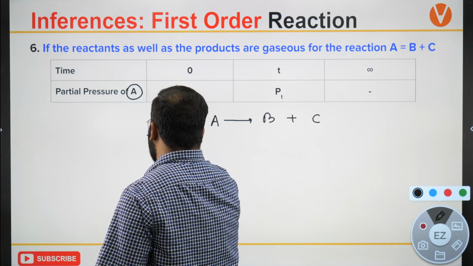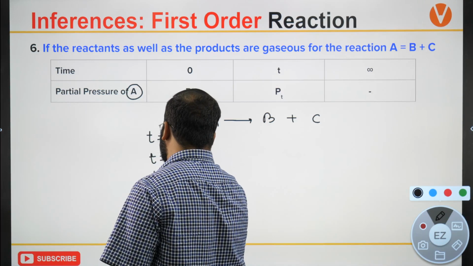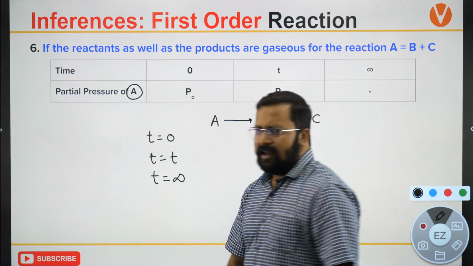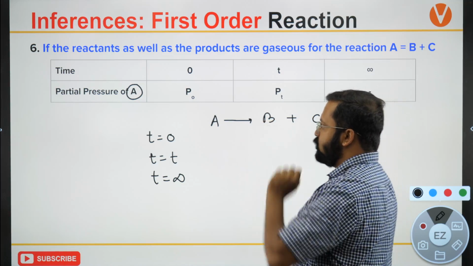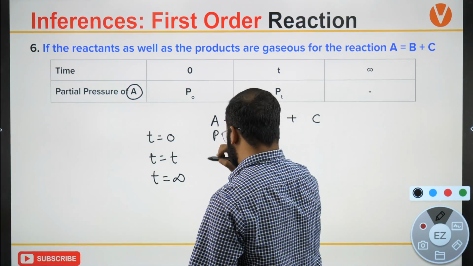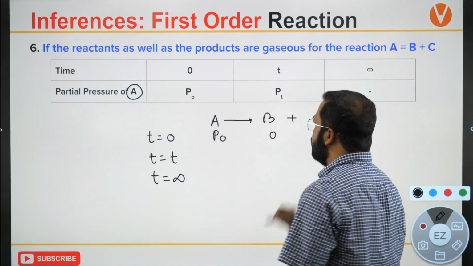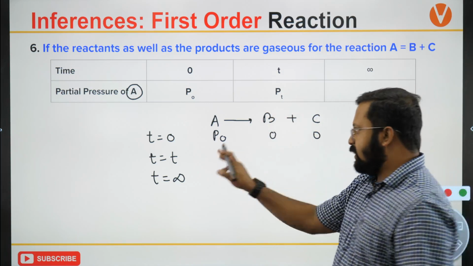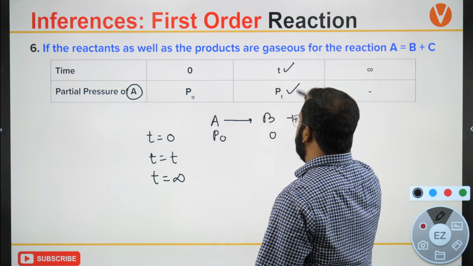Time equals to 0, time equals to T, and time equals to infinity. Let's say you are given two pieces of information: the pressure of A at 0 is P naught, and B and C are 0 and 0, and pressure at time T is given as PT.